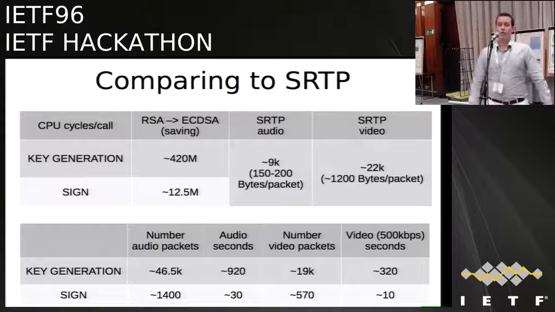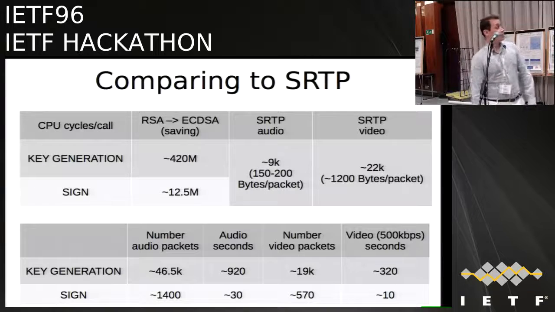And we also wanted to compare this improvement with the rest of the WebRTC stack. For that, we compare the cycles saved in the DTLS handshake with the cycles needed to encrypt the RTP packets. In this table, you can see that to encrypt an audio packet, we need 9,000 cycles, and for video, 22,000 cycles.